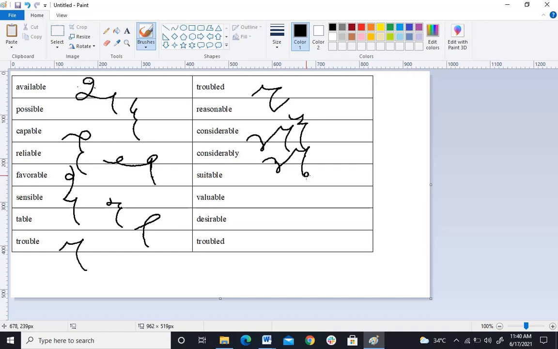Next, suitable. So we have suit and ball. Suitable. Next, we have valuable. Our value is represented by the VL blend, and then our ball. That's valuable. Next, desirable.